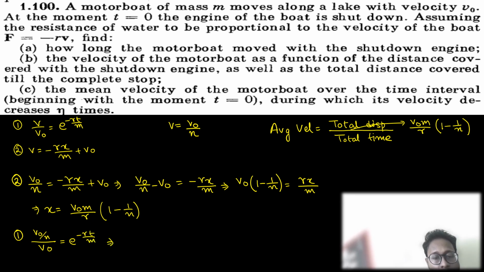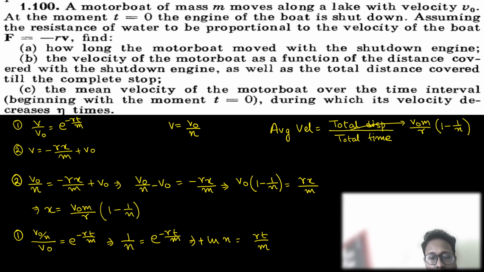If we solve this, 1 by n equals e to the power minus rt by m. Taking log both sides, ln 1 by n equals minus rt by m. ln 1 by n is nothing but n to the power minus 1; if I take the log, this minus 1 goes outside, and this minus becomes plus.